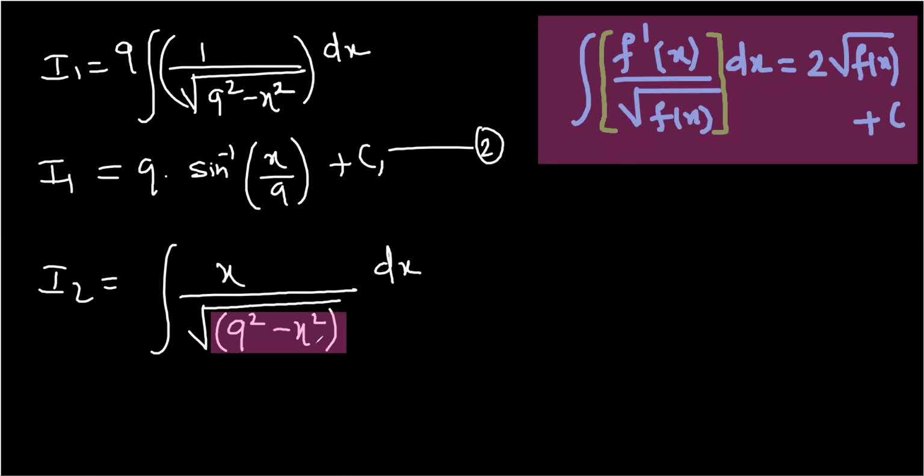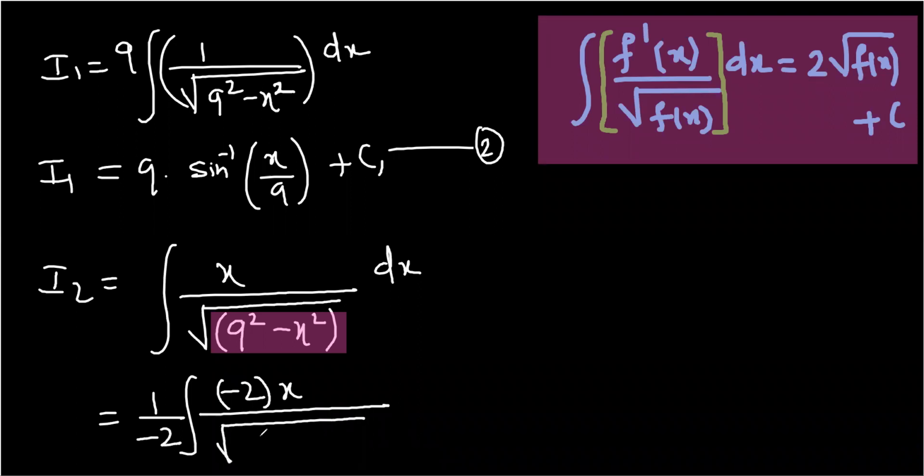Its derivative is minus 2x, because 9 square is a constant and its derivative is 0. So I will have to write the numerator as minus 2x. Since I multiply by negative 2, I will divide by negative 2, and the denominator I keep as it is, 9 square minus x square dx.